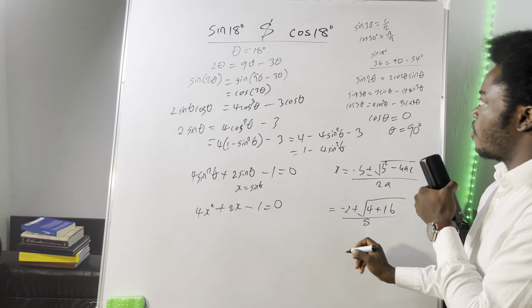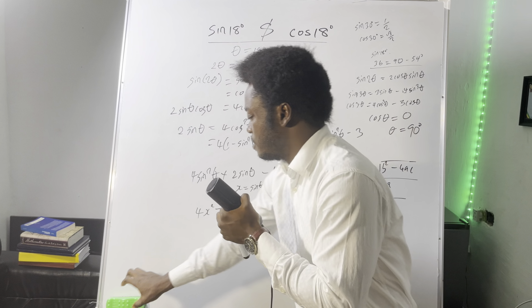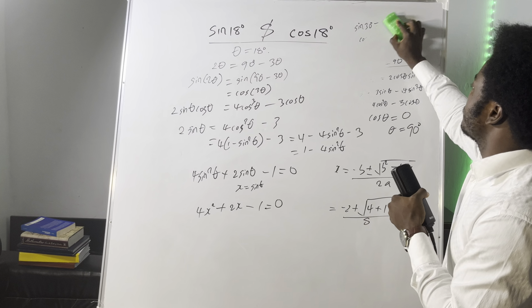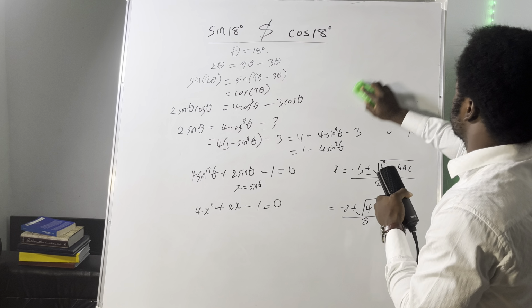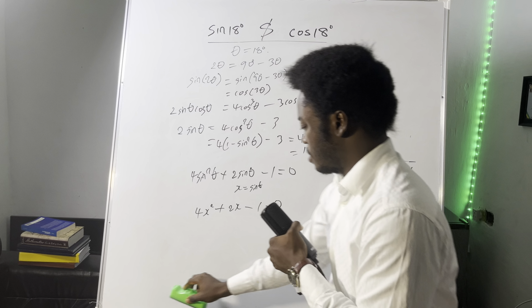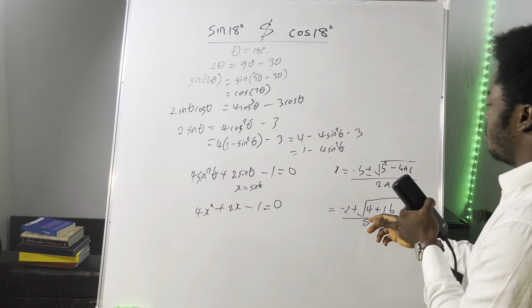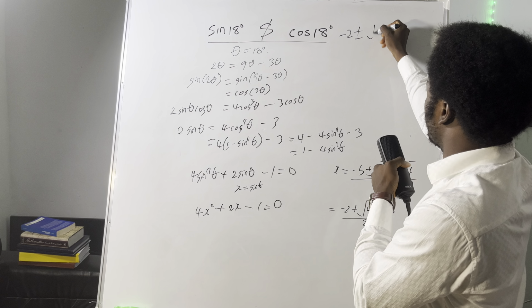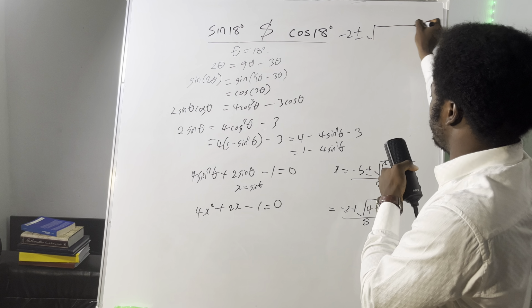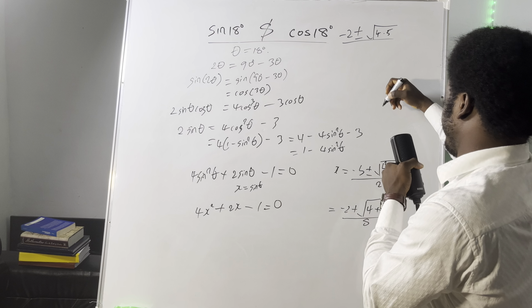So this would equal -2 plus or minus square root of 20, that is square root of 4 times 5, all divided by 8.